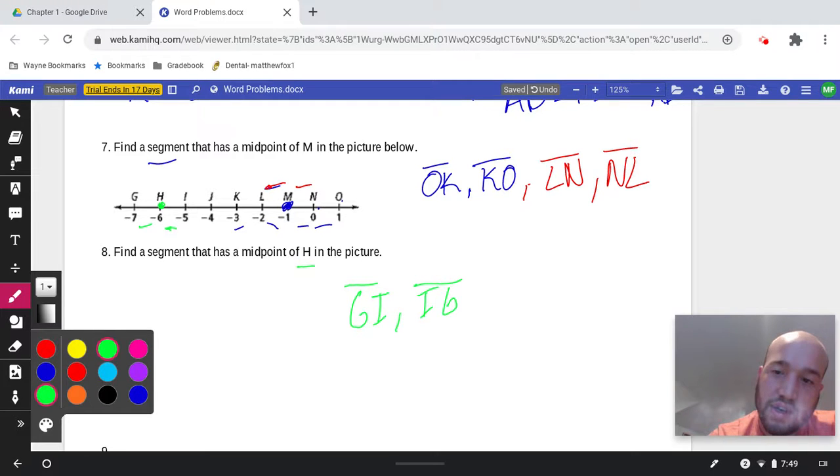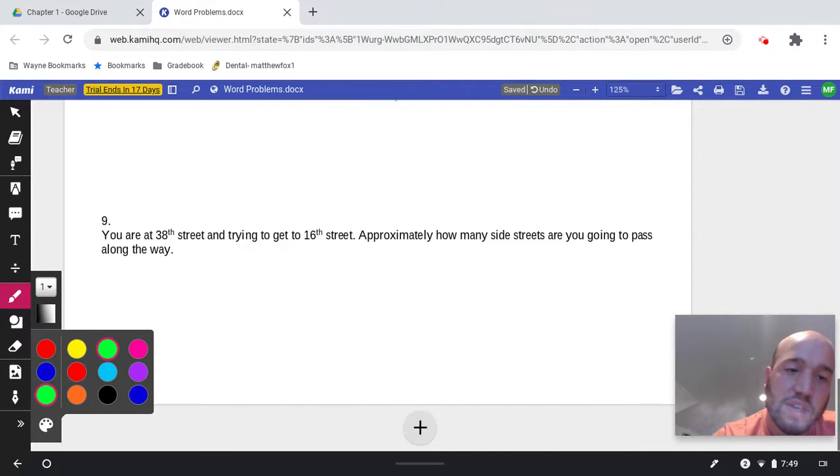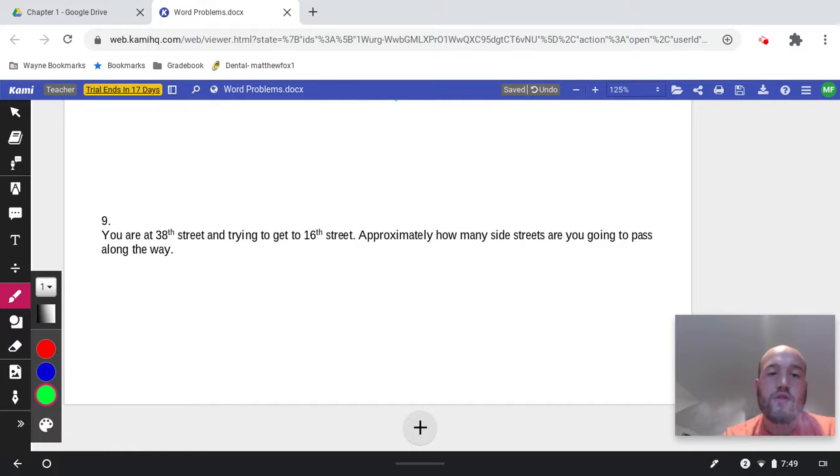We've got one more left that we're going to take a look at. Question 9 says, you're at 38th Street and trying to get to 16th Street. Approximately how many side streets are you going to pass along the way? The way our grid is set up in Indianapolis, as we drive north, the numbers get higher. As we drive south, they get lower.